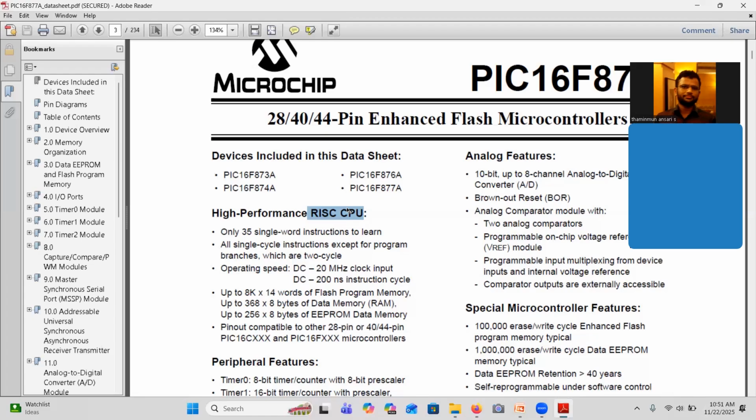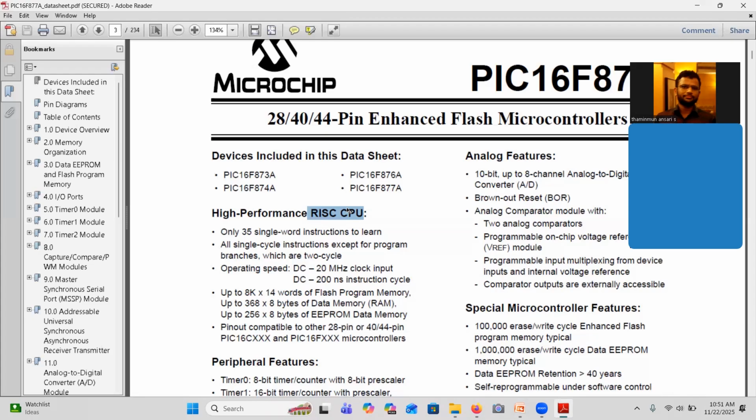I told you one thing in the beginning when I was explaining embedded C: an instruction set is also zeros and ones. Do you remember that? The command given to the microcontroller is also zeros and ones. There will be some 35 different combinations of zeros and ones.